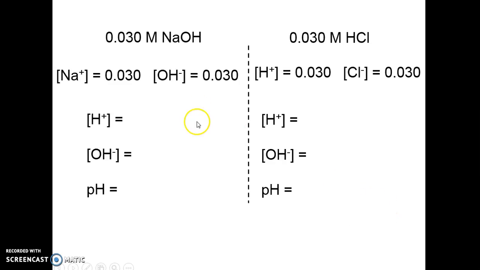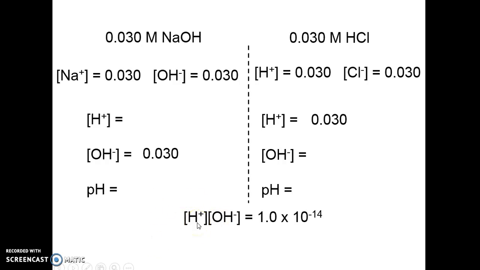We're going to make a table to go through the concentrations and how they compare. So with sodium hydroxide, I have my hydroxide concentration as 0.03, but with hydrochloric acid, the proton concentration is 0.03. I can figure out my proton concentration and my hydroxide concentration from the water dissociation constant, that hydrogen ions times hydroxide ions gives you 1 times 10 to the minus 14.